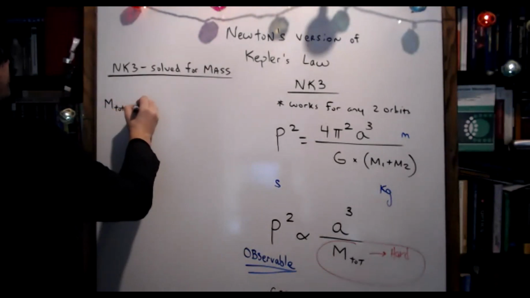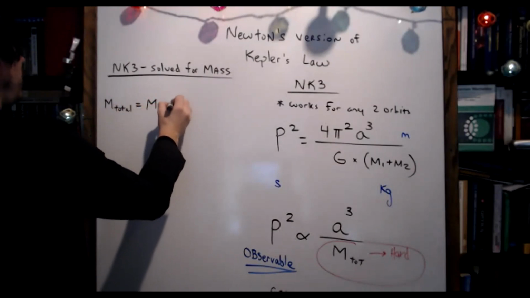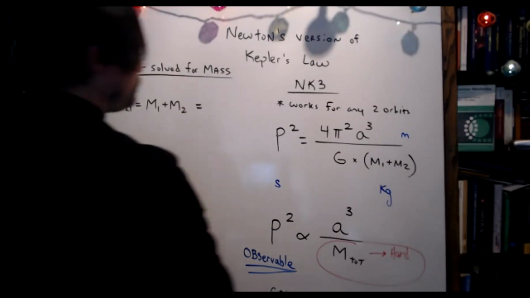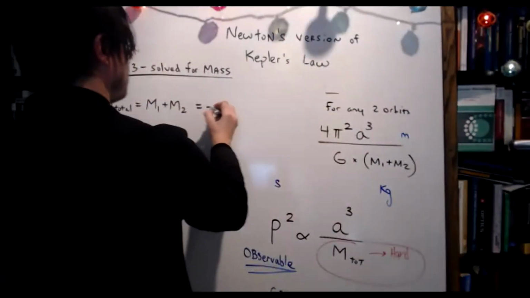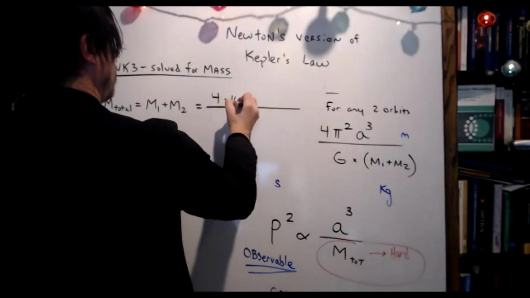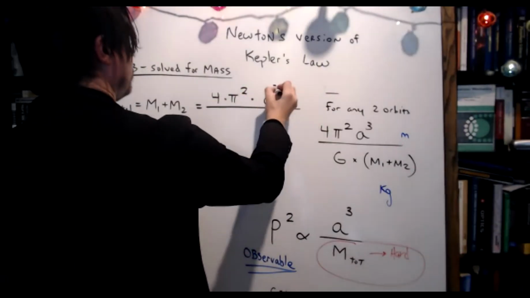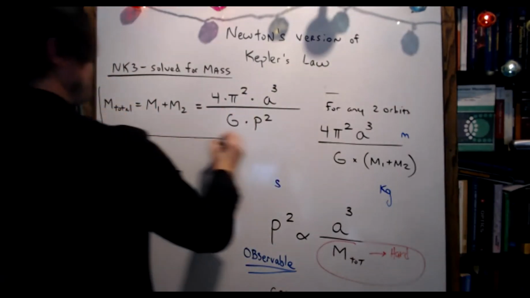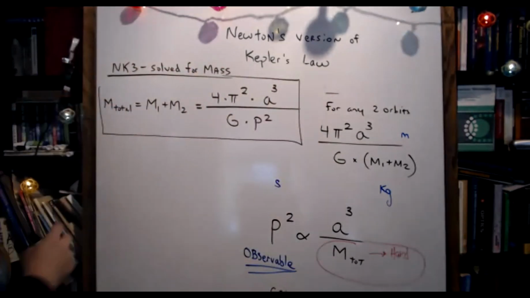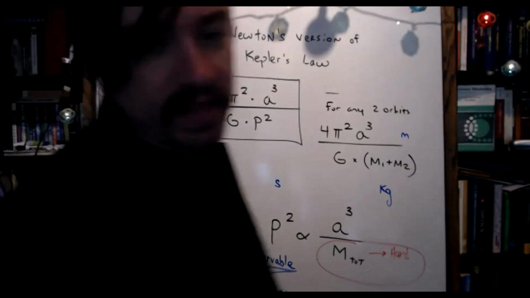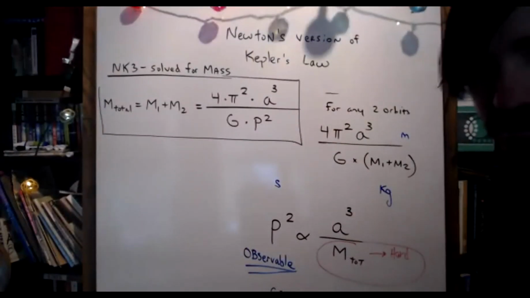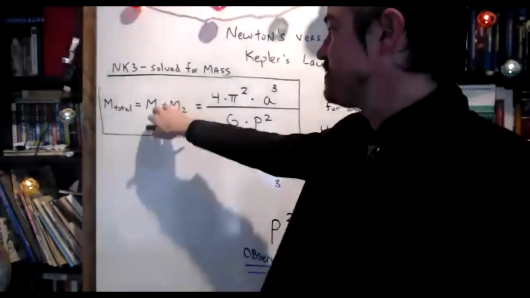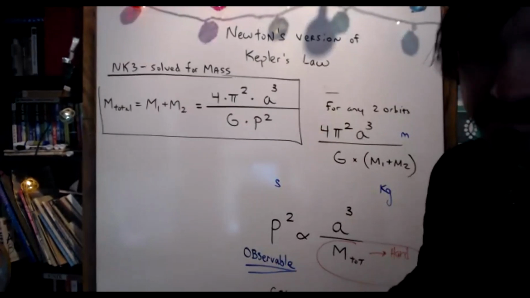M total, the combination of M1 plus M2, is equal to 4 pi squared A cubed over G P squared. That's the real version of the formula. And you'll notice I did a little algebra there where I flipped the masses up, but I flipped the period down.